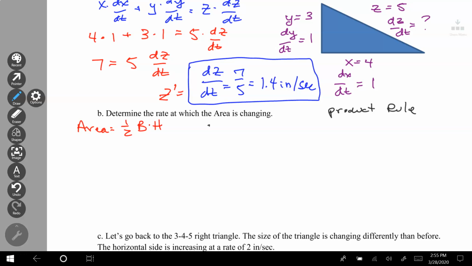So right now I have A equals 1/2. My base is x. My height is y. So I have 1/2 x, and that derivative is 1/2 dx over dt. That's pretty messy. One half dx over dt, and the other one is y, and that derivative is dy over dt.